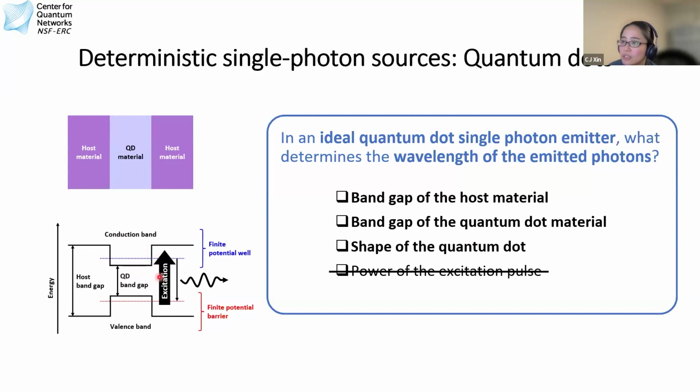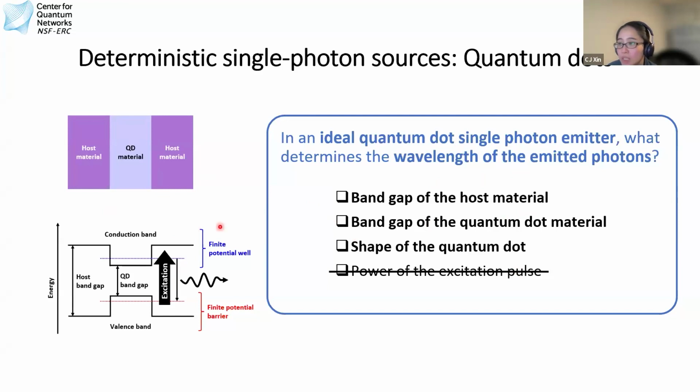And therefore both the band gaps of the host material and the quantum dot material will matter.